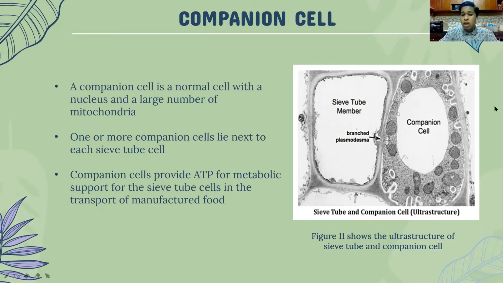So it produces a lot of energy in the form of ATP. The ATP will be provided to the sieve tube. The sieve tube uses the ATP in order to transport food and substances, manufactured food and substances, through active transport.